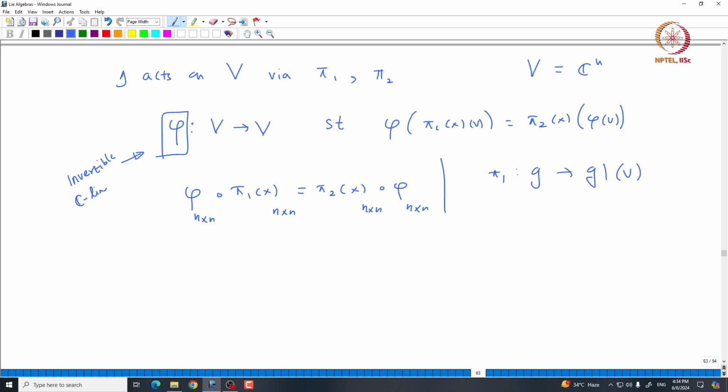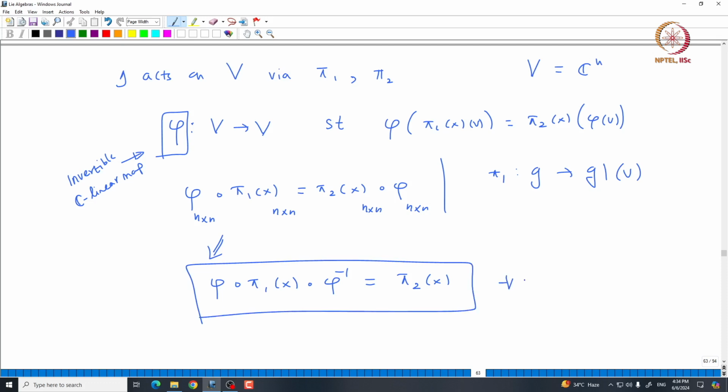C linear map. So, that means I will be able to invert it and then rewrite this equation as follows. So, this equation can be written as phi composition pi 1 of x composition phi inverse will be exactly equal to pi 2 of x, and this should be true for all x in G. Okay.